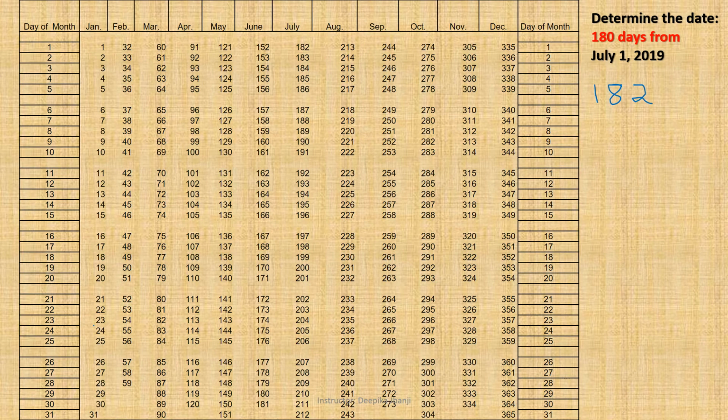Now 180 days from this day, so let's add 180 to this number. So we get 362, so the 362nd day of the year. Let's locate that on the date chart. So for 362, I can see the 335 line here, all the way down to 362.